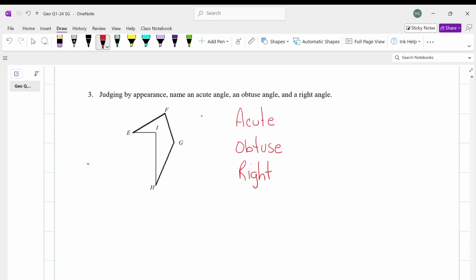Okay, remember, acute is less than 90. Obtuse is between 90 and 180, so we say that 90 is less than the angle, and it's also less than 180. And then a right angle equals 90 degrees.